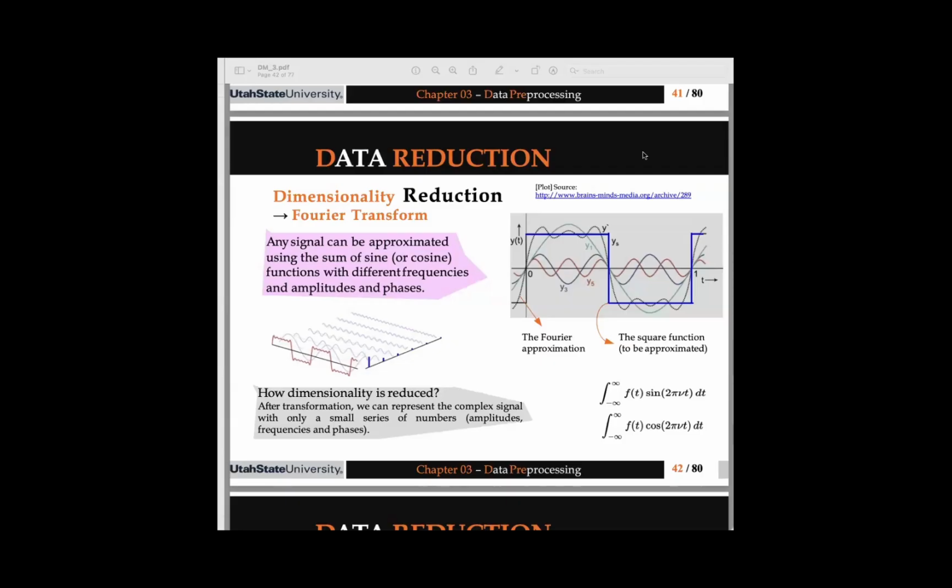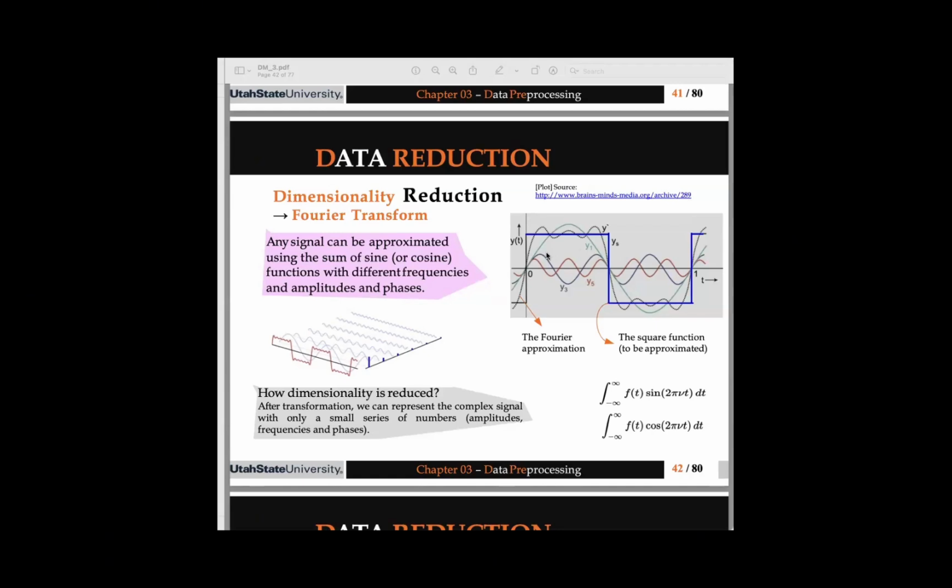Another dimensionality reduction technique that we study is the Fourier transform. The key idea behind the Fourier transform is that any time series, signal, or image can be approximated using a sum of sine or cosine functions.